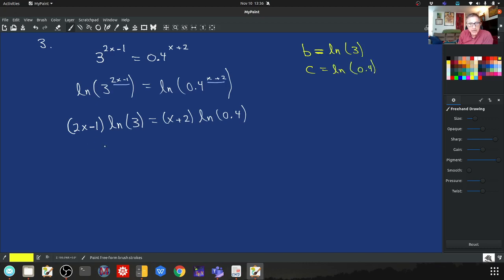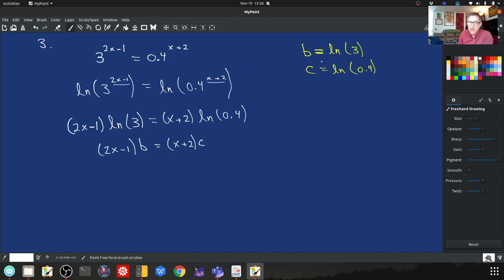So I'm going to rewrite this using those conventions. I have 2x minus 1 times b is equal to x plus 2 times c.